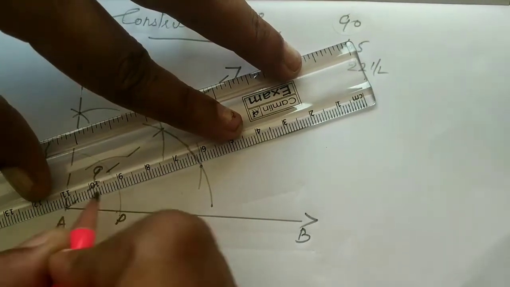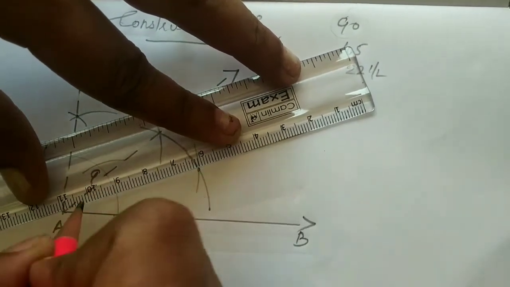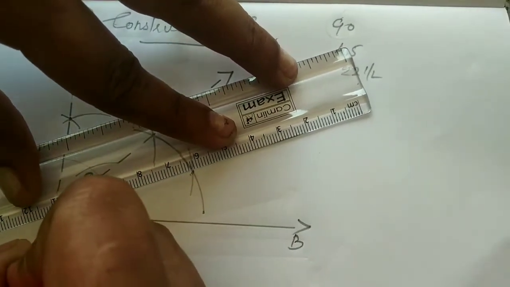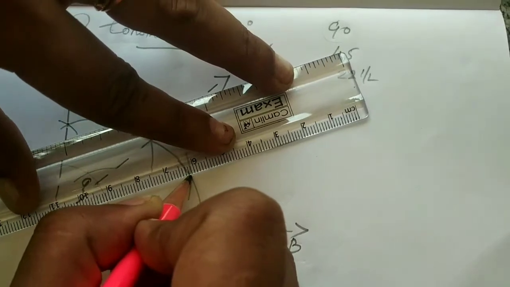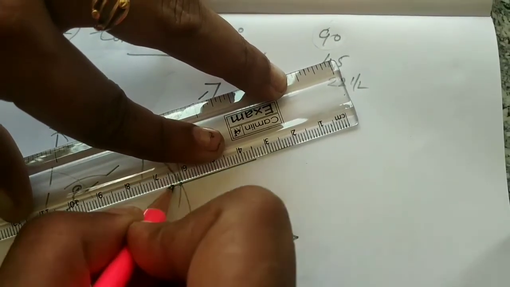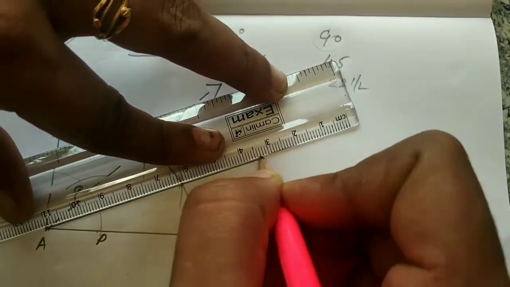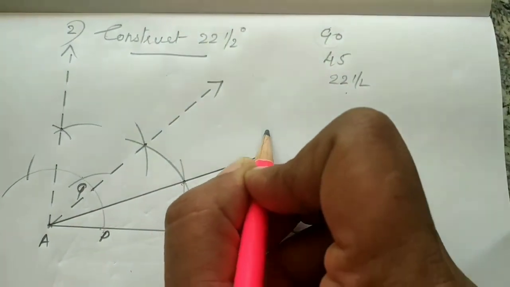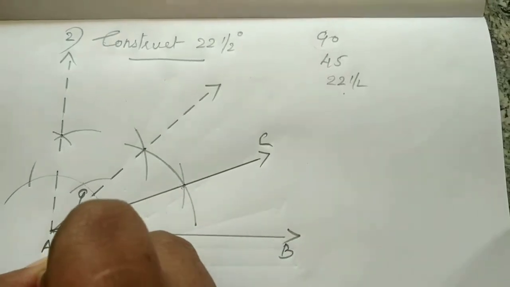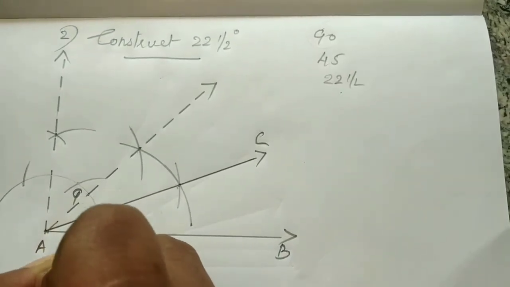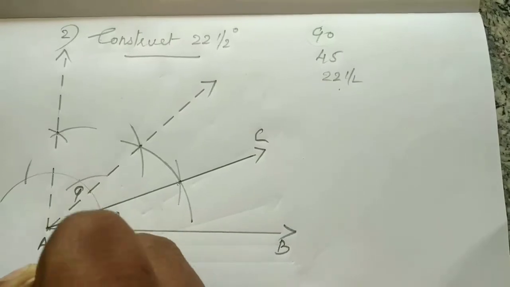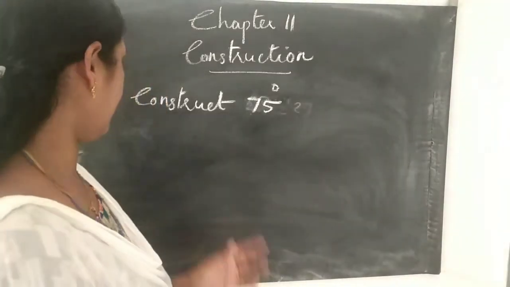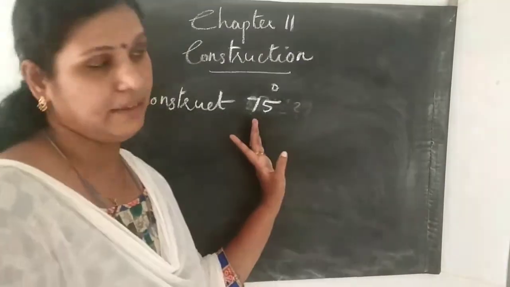Join this point of intersection to A. This is A, B, and it is C. This is the required 22.5 degree.